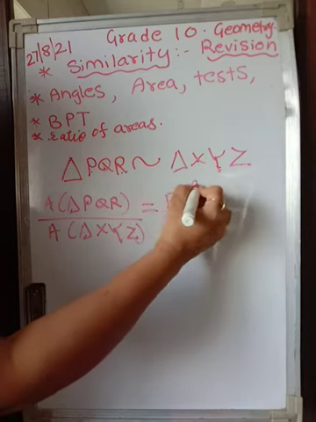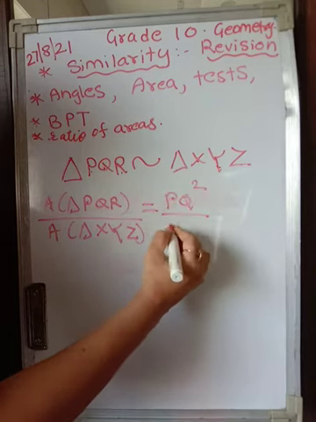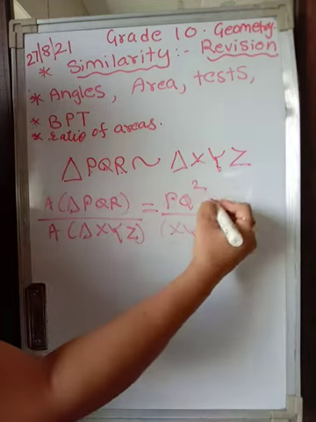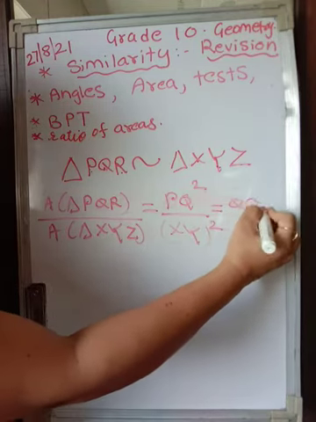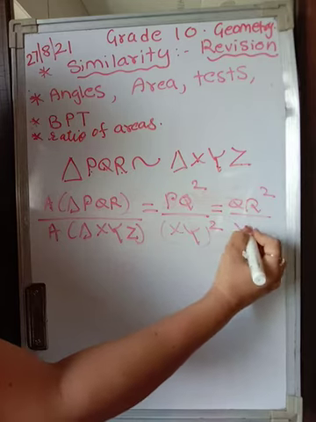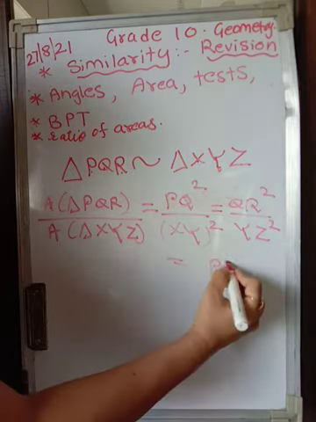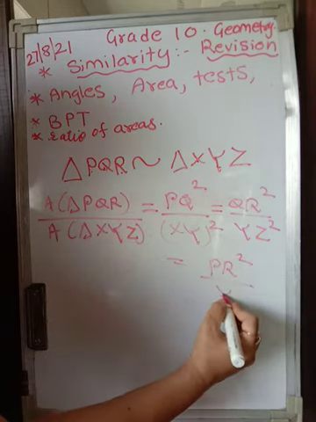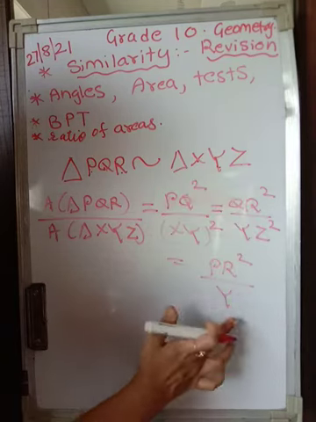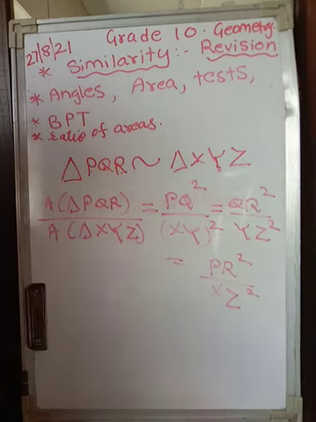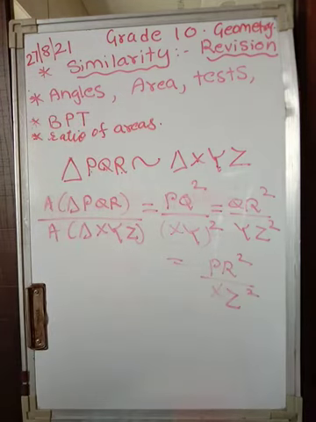So it will be PQ square upon XY square, which is also equal to QR square upon YZ square, which is also equal to PR square upon XZ square. Is this clear? Square of the corresponding sides. Please remember this.